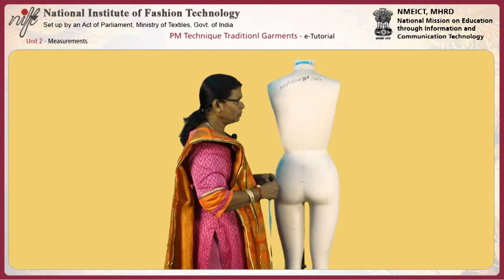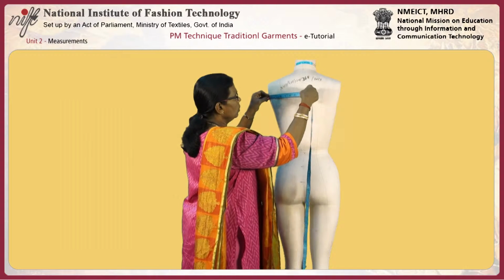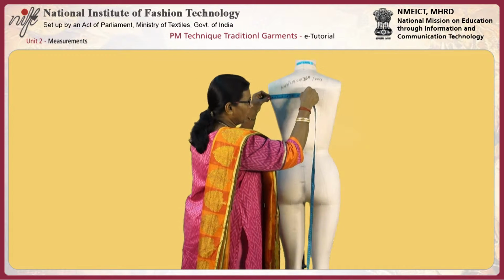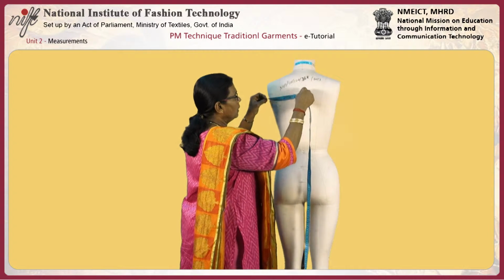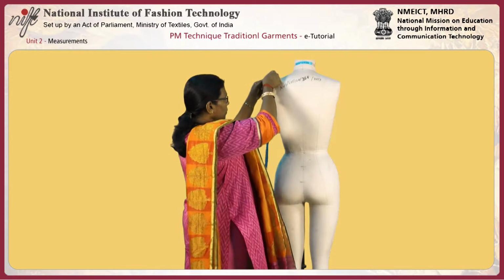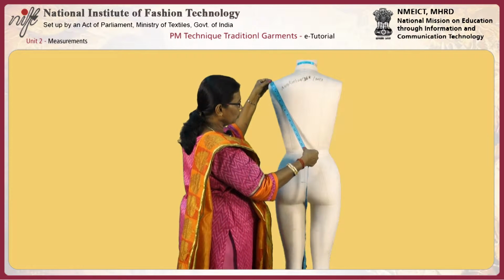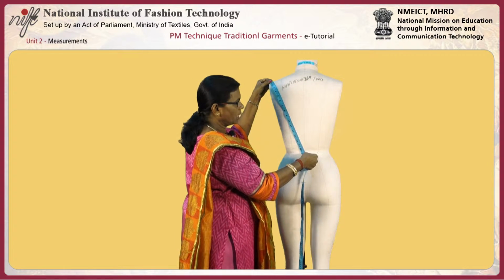Then across back, it's from mid armhole to the center back. Then shoulder slope. The back shoulder slope starts from the low shoulder point to the center back.